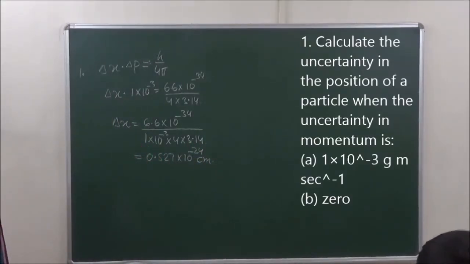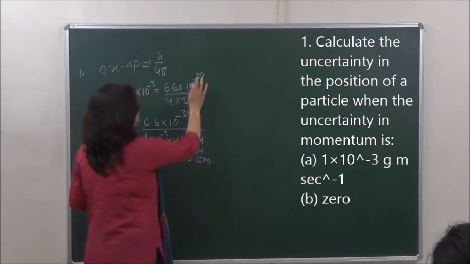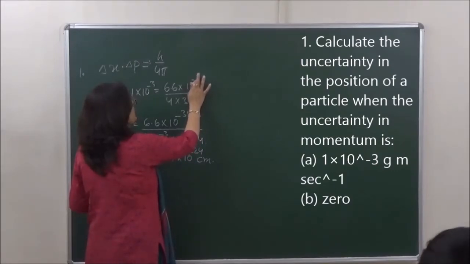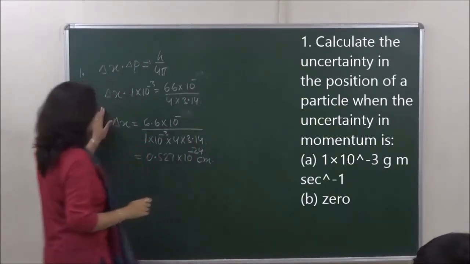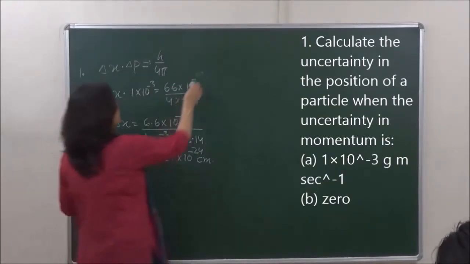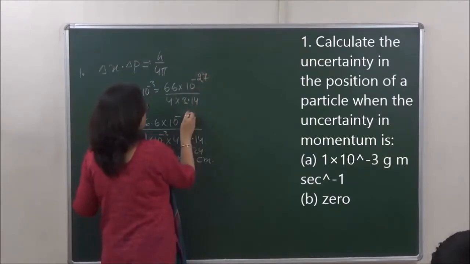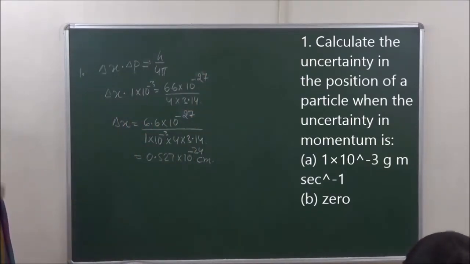ठीक है? But in this case, when we are taking centimeter, if the answer is coming in centimeter, this also has to be taken in ergs, because delta p is given to us in centimeters. So in ergs, when we are calculating, minus 27. ठीक है?